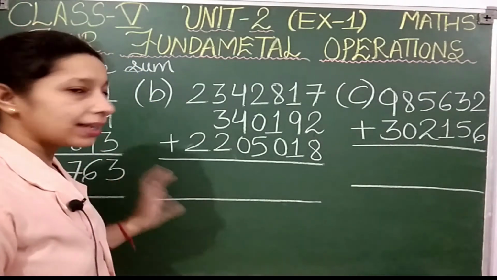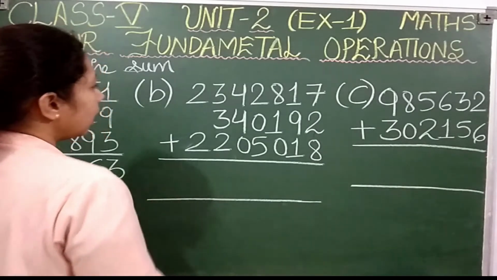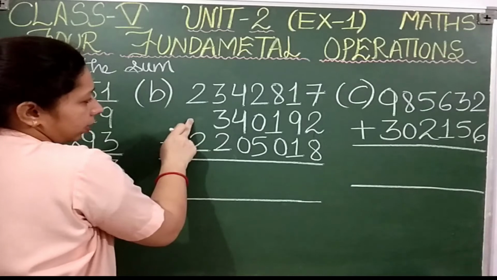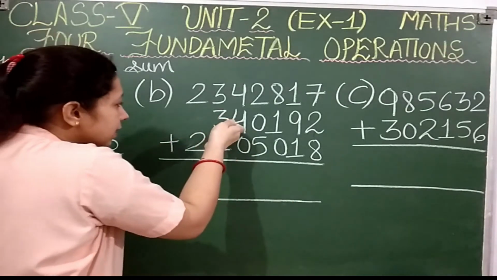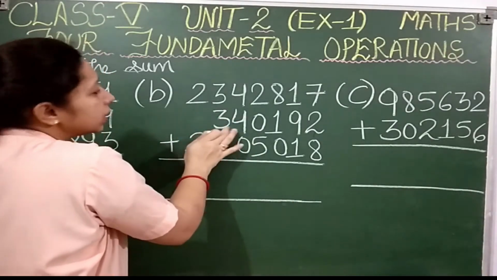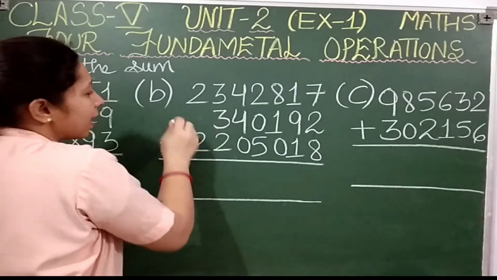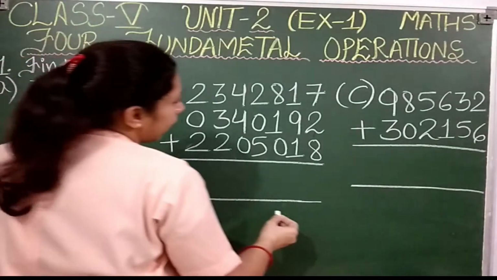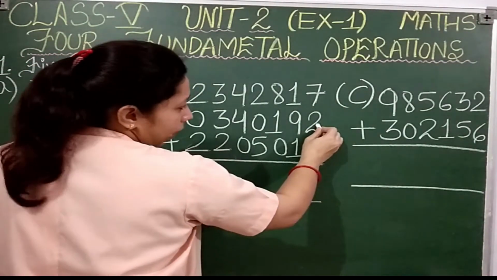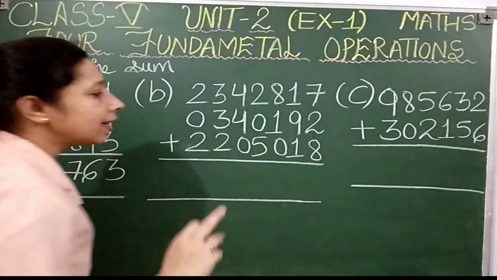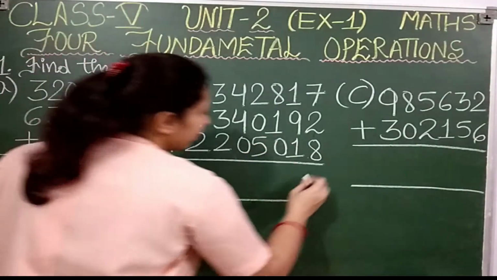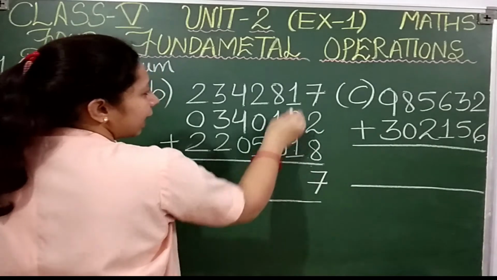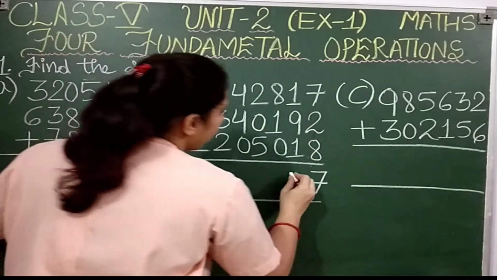In the same manner, let us add the second number, students. Here also I have arranged the digits. Here you will see just below this digit nothing is written, isn't it? Because the second number has this many digits only. So this place is empty. What can we write here? We can put 0. Now again add 7 plus 2, 9, 9 plus 8, 17, 1 carryover. 9 plus 1, 10, 10 plus 1, 11, 11 plus 1, 12.